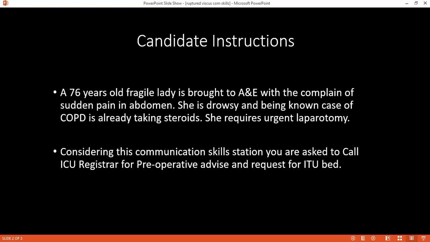Please confirm the ITU admission criteria. Yes, two organ failure, or organ failure with the possibility of a second organ being affected. And also if the patient needs mechanical ventilation, has respiratory failure, and also one-to-one nurse care.